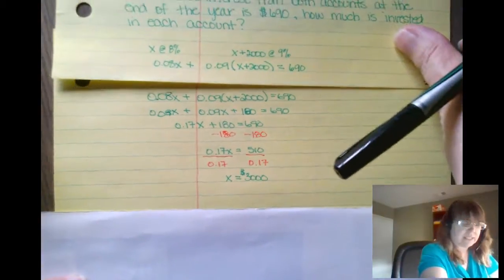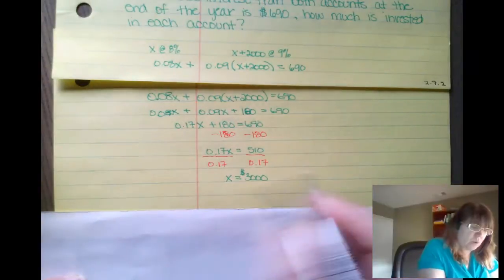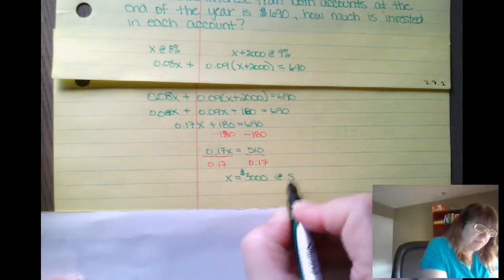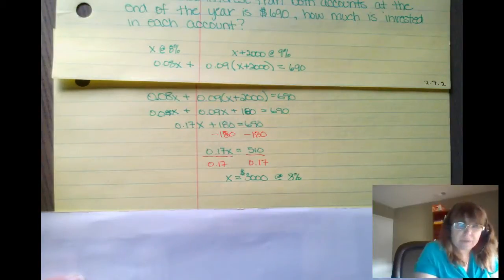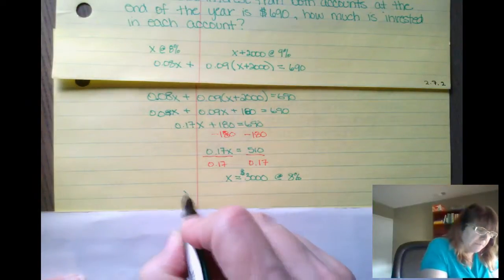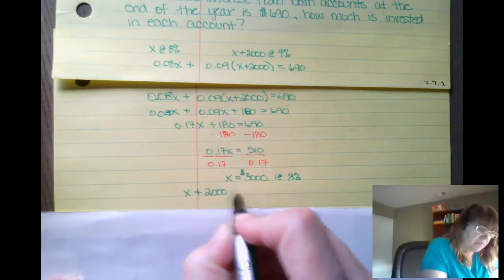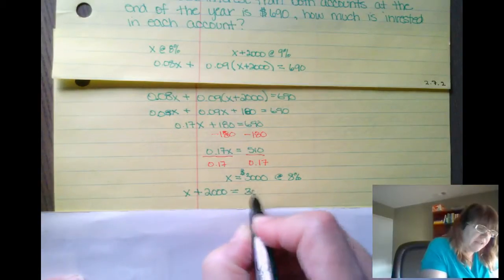So, did I answer the original question? Not quite. I still need to know what's in each account. I do know at 8% interest, I have $3,000. But at 9% interest, I have $5,000.